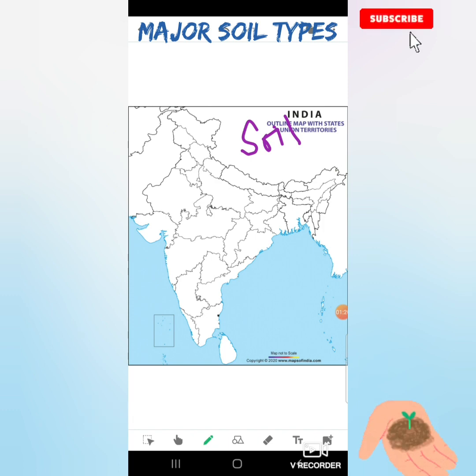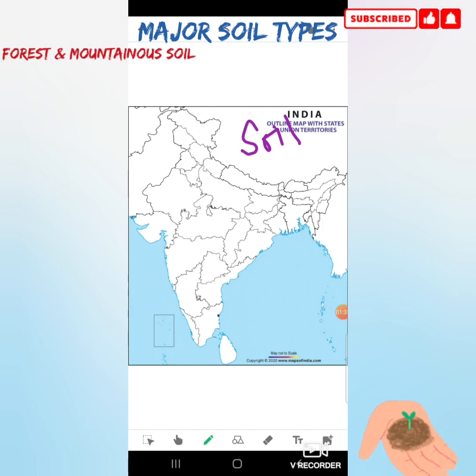So, let us start. The first soil we have in the list is forest and mountainous soil. Let us start from the top of India. If we go with the top of India, that is from Jammu Kashmir, the very first soil we have in the list is forest and mountainous soil.